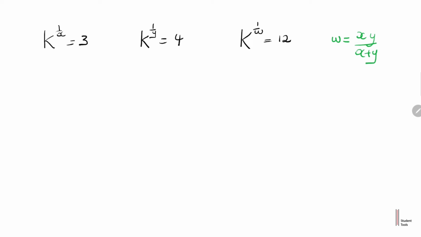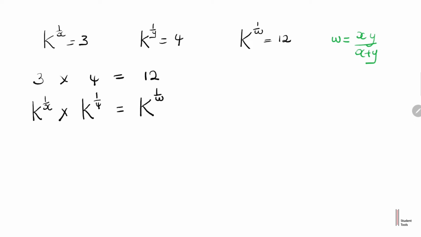So the one thing that we know is 3 multiplied by 4 is equal to 12. So how does that fit in? It means that k to the power 1 over x, which is equal to 3, multiplied by k to the power 1 over y, which is equal to 4, is equal to k to the power 1 over w.